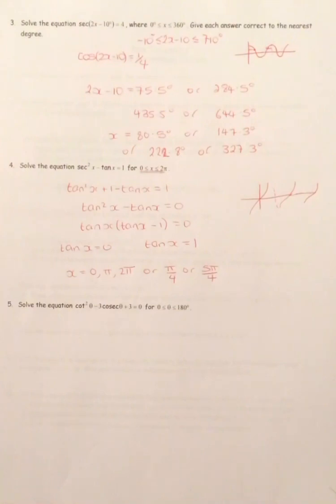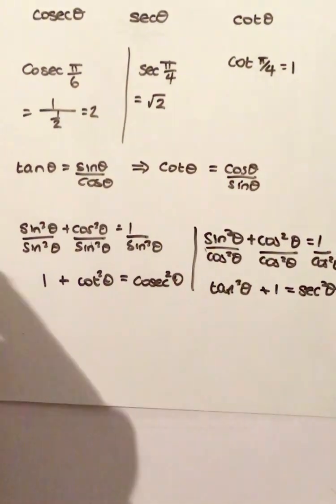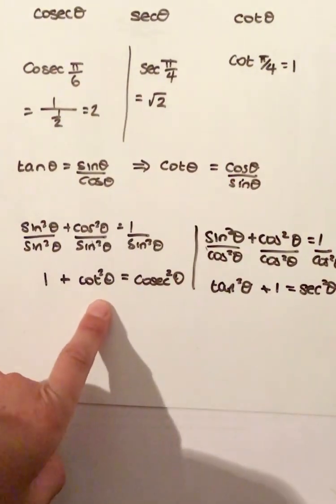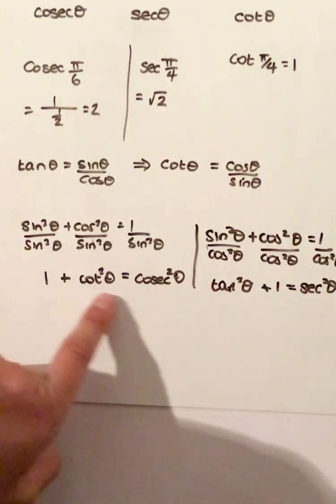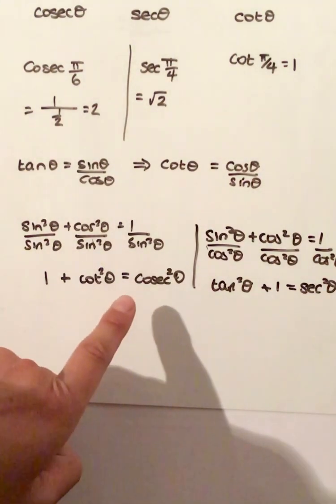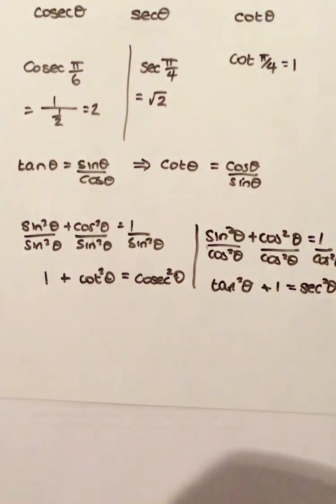Question 5 contains cot squared theta and cosec theta. Now, looking at my identities, I can see that cot squared theta is cosec squared theta minus 1. So it's this identity with 1 subtracted from it. So I can substitute that into the equation.